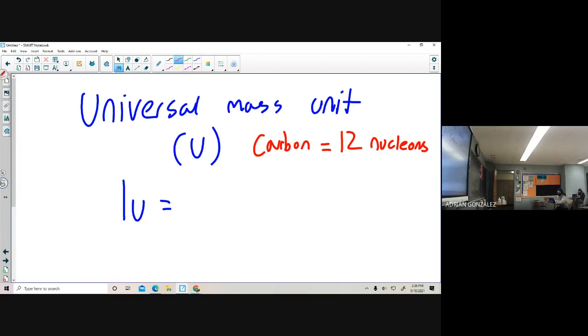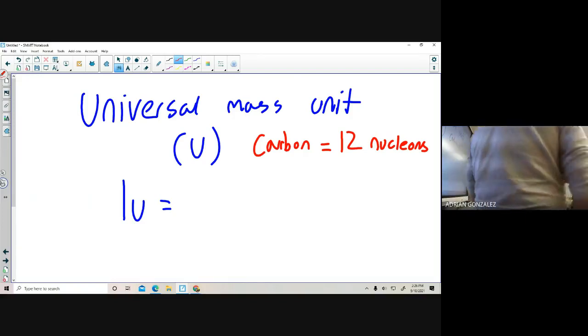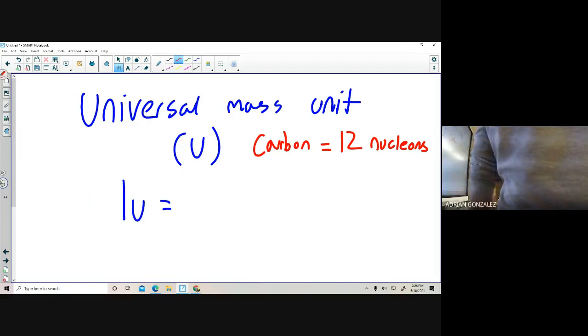Now, what do we mean by nucleon again? Protons and neutrons, right? 12 particles in a nucleus. So carbon has these 12 nucleons. And so what they said is, cool, we'll make one universal mass unit equal to the mass of one of those particles.